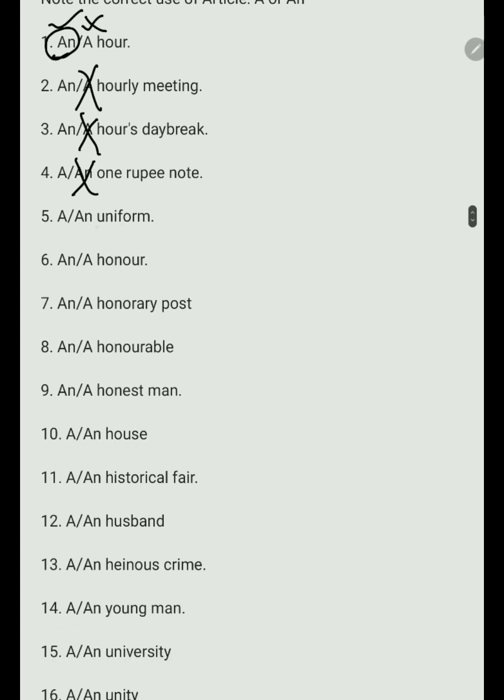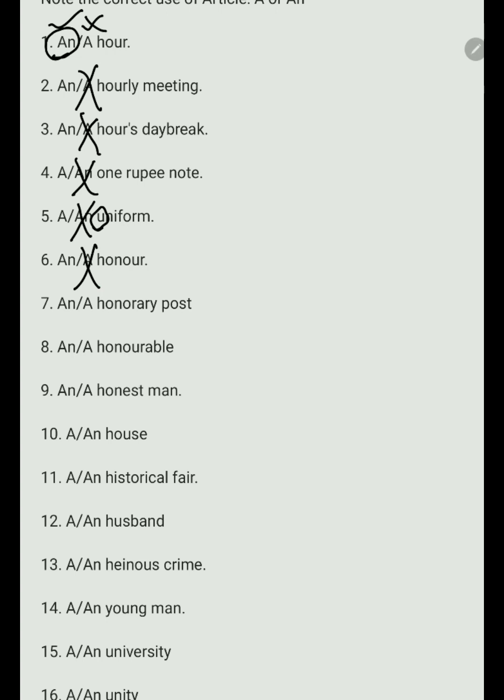A uniform or an uniform? We'll use a uniform. Though U is a vowel, when we pronounce the word, it is yoo-niform. So it is not a vowel sound. Next, an honor or a honor? It is an honor.